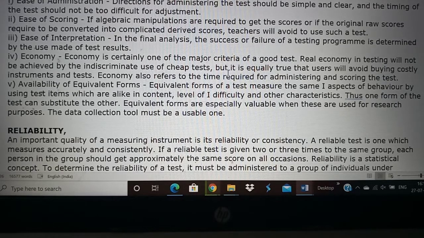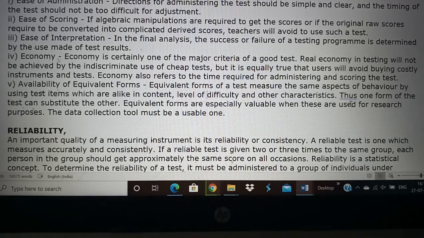Then the last thing is having equivalent forms. Equivalent forms are test items which are similar in content, the level of difficulty is the same and other characteristics are the same. So one form can be substituted for others. Equivalent forms are very useful in the practical aspect of research tools.